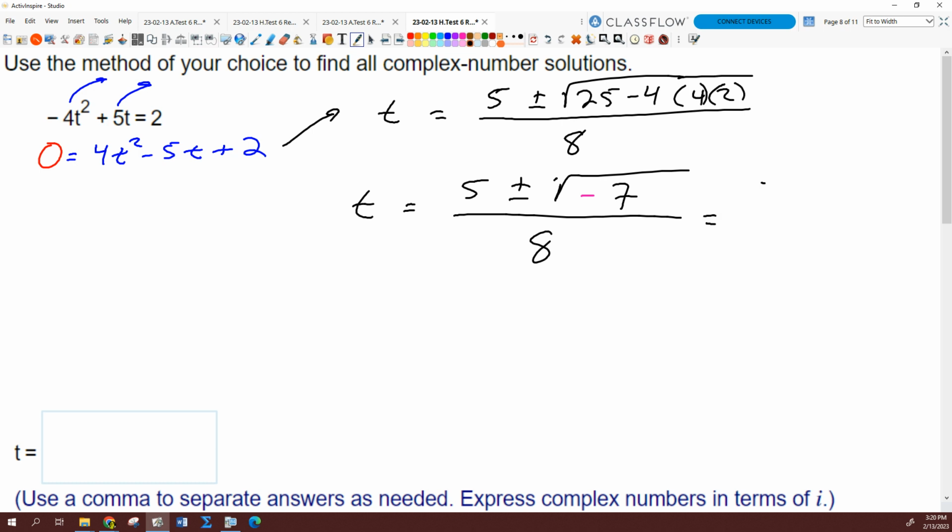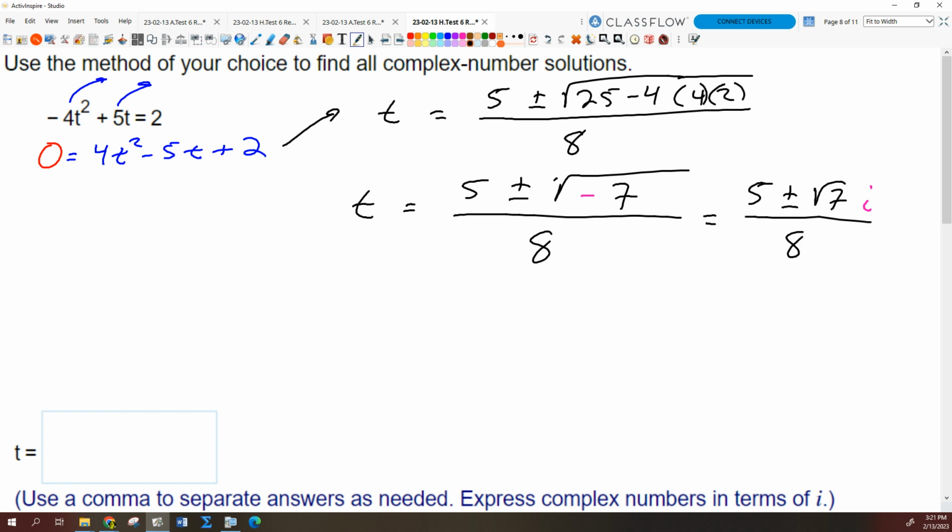So we're going to get 5 plus or minus the square root of 7 times i, all divided by 8. Okay, should I split? No, it doesn't really. I like to put the i afterwards so it looks like standard form then, right? A plus B times i.